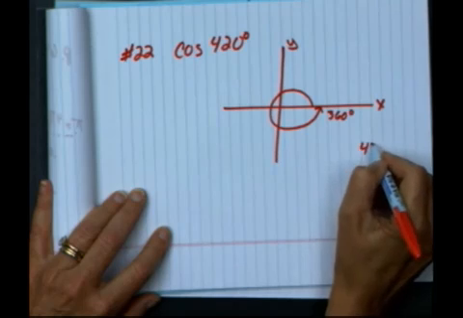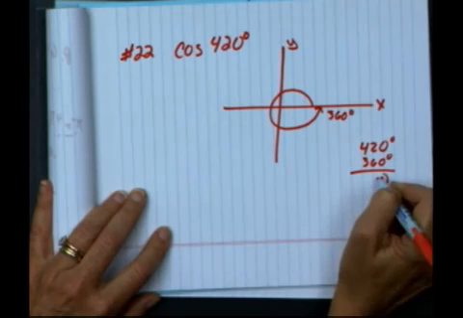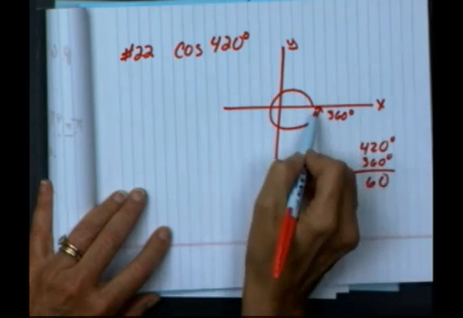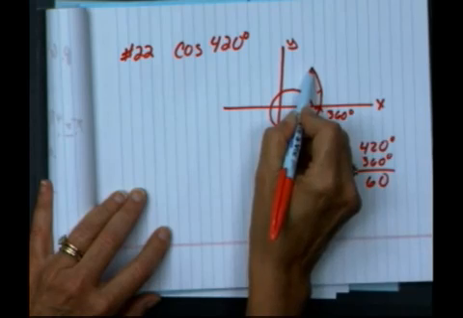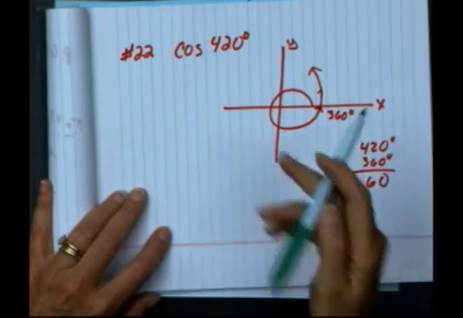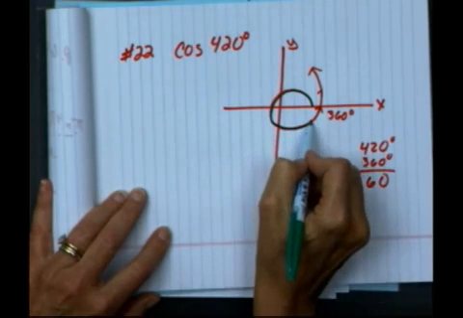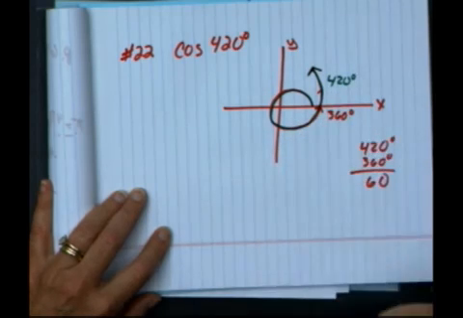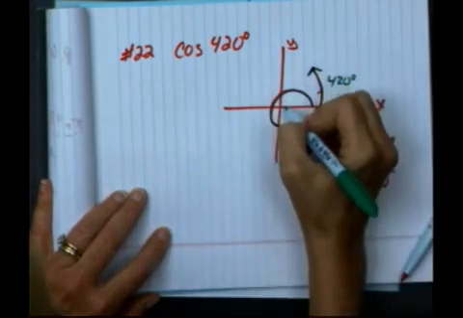Let's see how much further I need to go. 60 degrees more. So I'll continue 60 degrees more, which would be somewhere right there. And this angle right here represents 420 degrees. My terminal side is right here.